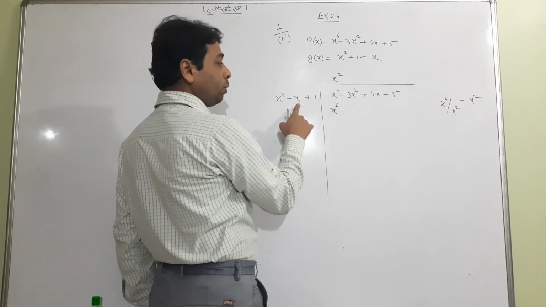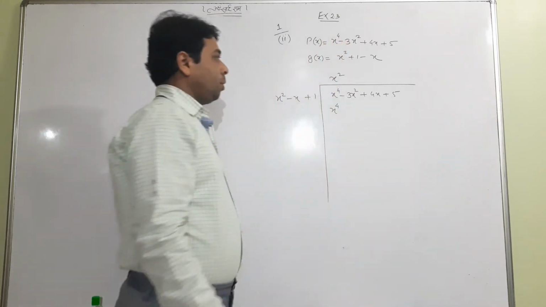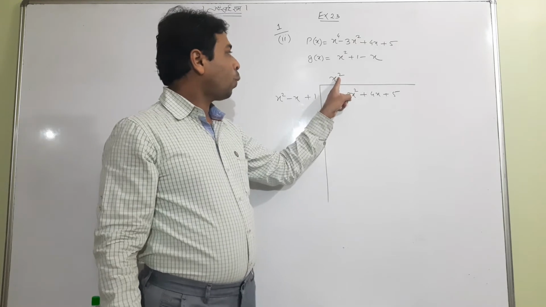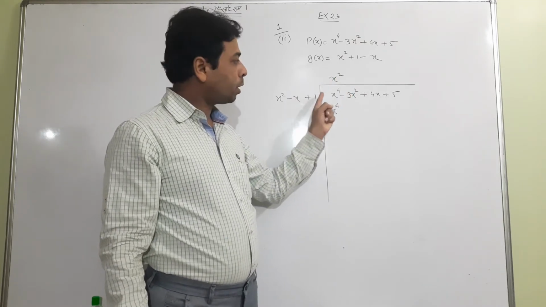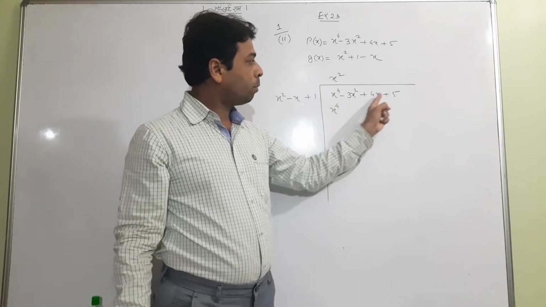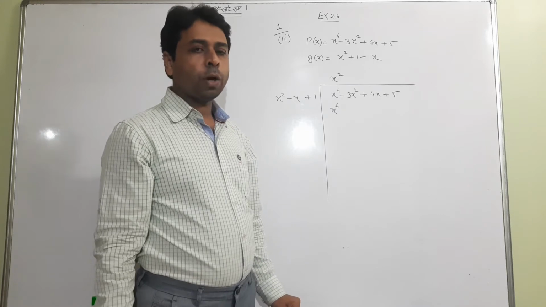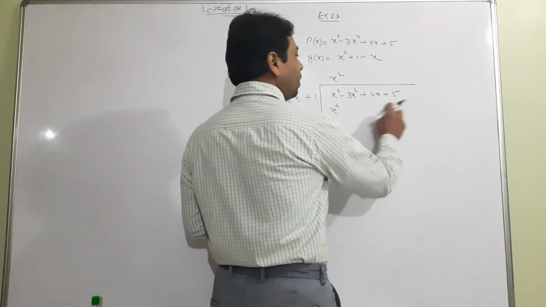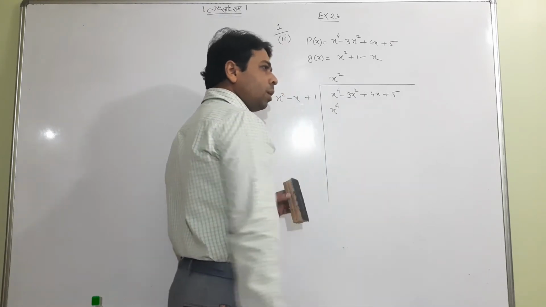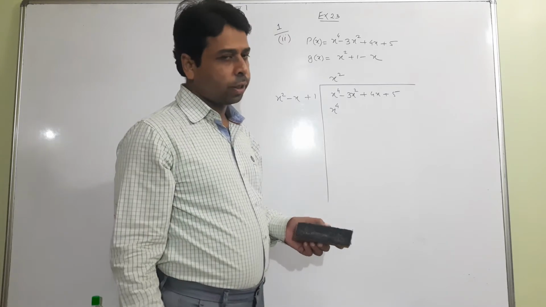A very important thing I'm telling you: sometimes x square into x is equal to x cube, but we do not have an x cube term here. If you are afraid about how we'll manage, even we can write x cube anywhere, but students sometimes get confused about that. So I have a trick to tell you.